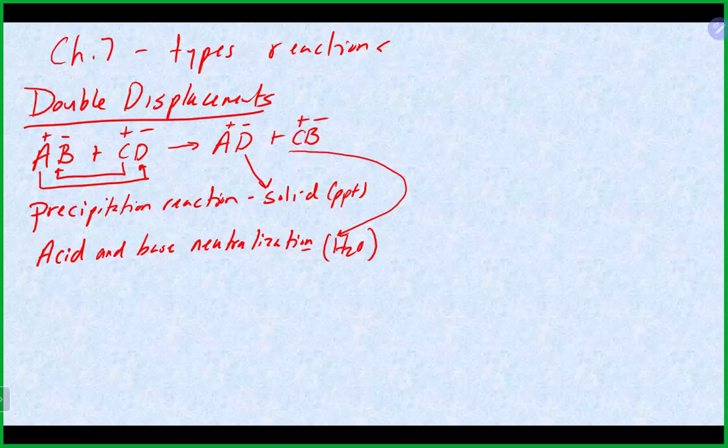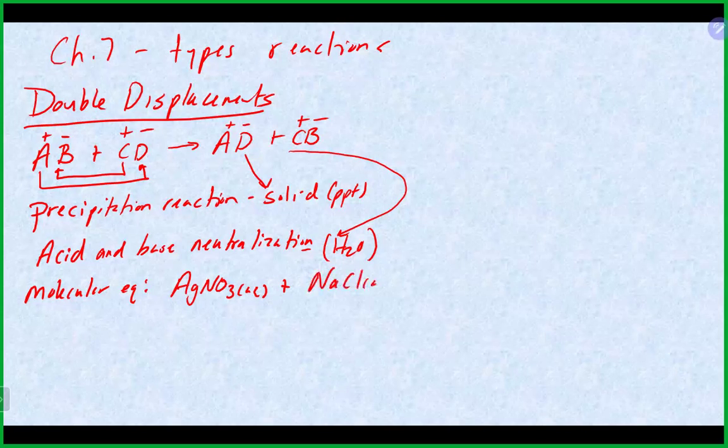We also saw that we can write a molecular equation that shows everything that's going on. If you use our solubility rules, something like silver nitrate, because it has nitrates, is always going to be soluble. React it with something like sodium chloride, because it has sodium, also going to be soluble.